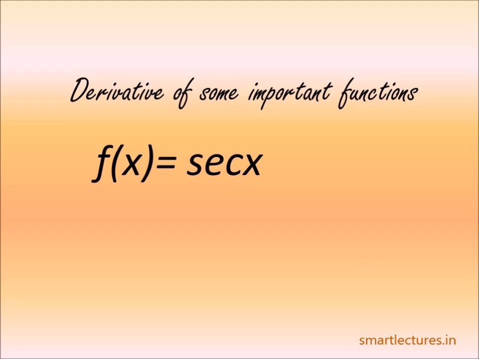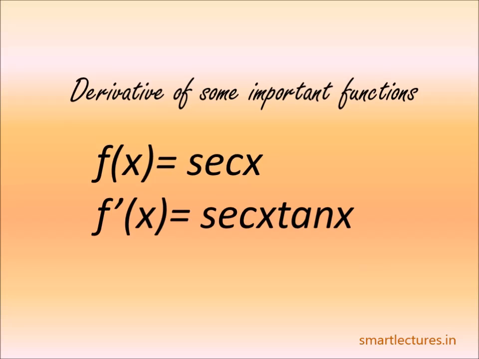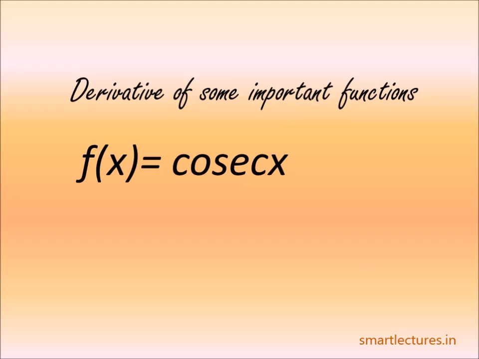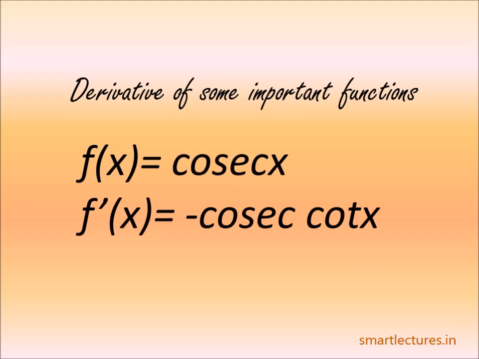You have learned in the previous class that the derivative of secant x is equal to secant of x into tangent of x. Similarly, the derivative of cosecant x is equal to minus cosecant x into cot of x.